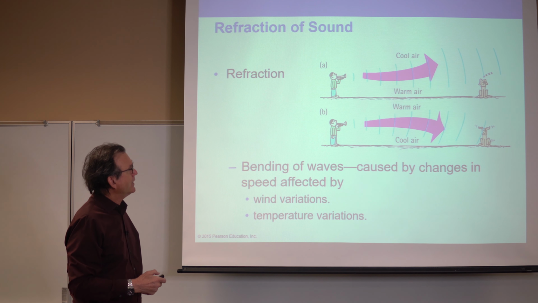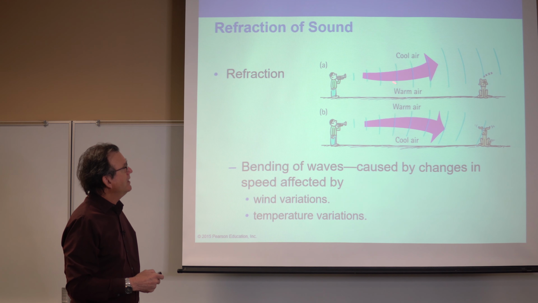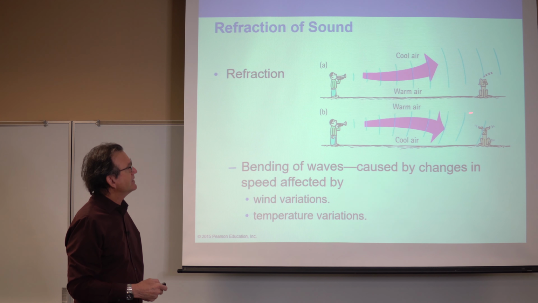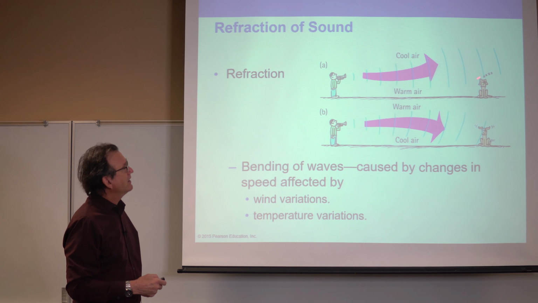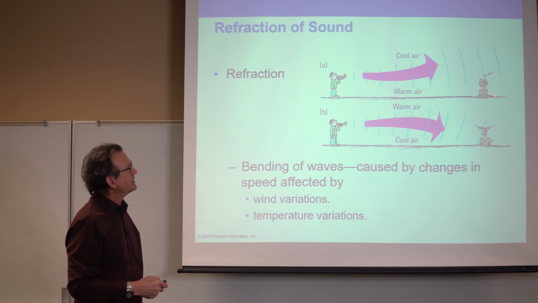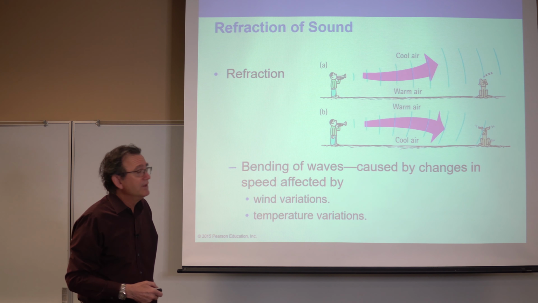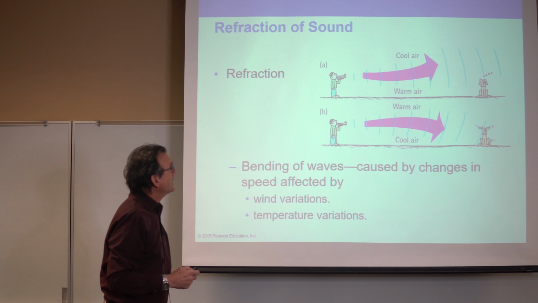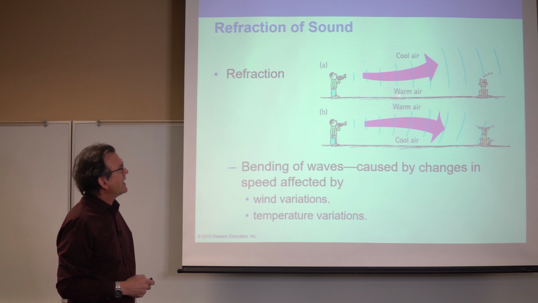On the other hand, if we have cold air above the warm air, the sound wave gets transmitted in an upward direction, and the observer at the other side of the lake was not able to hear the sound nearly as well. So cool air above warm air does not allow large transmission distances.